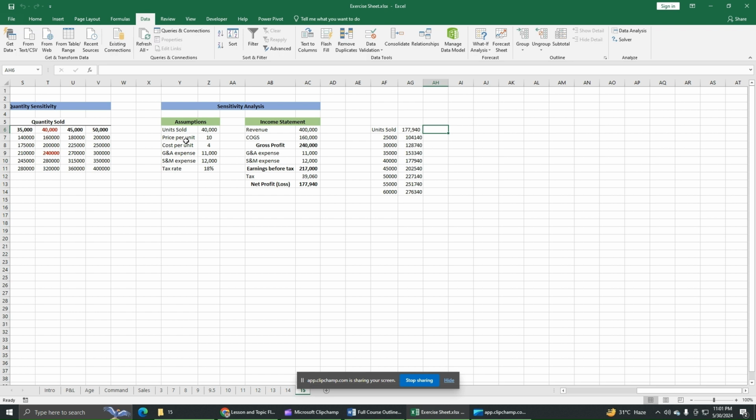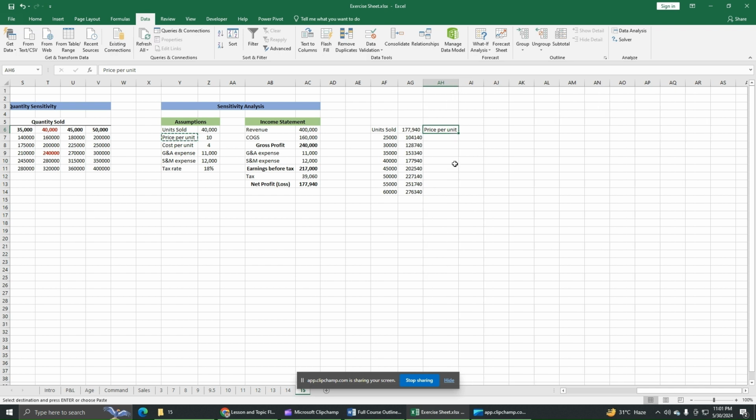We can do this for price per unit, and here it was 10. So we can give 9, 8, 7, and here what we want to see is net profit. So I'm selecting this cell, equal to net profit. Net profit is here.